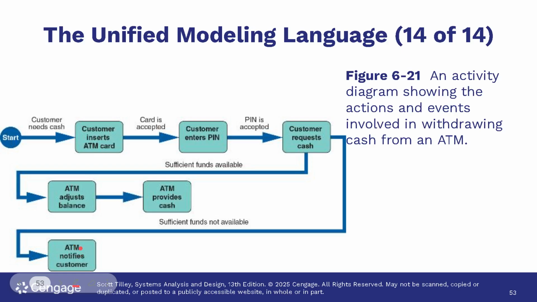So the notifies the customer happens at the point where I request cash. So 2 things happen. I change the state. I'm not sure this is a proper state diagram, because the boxes should describe a state, not an action. So I'd say this is an activity diagram more than a state diagram. But it looks a lot like a state diagram.